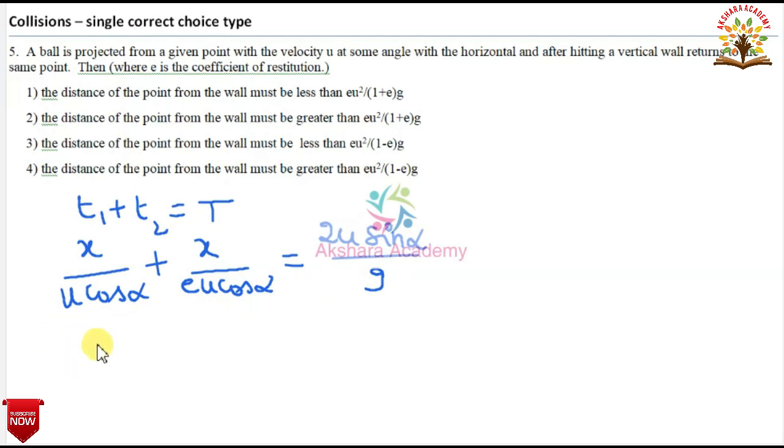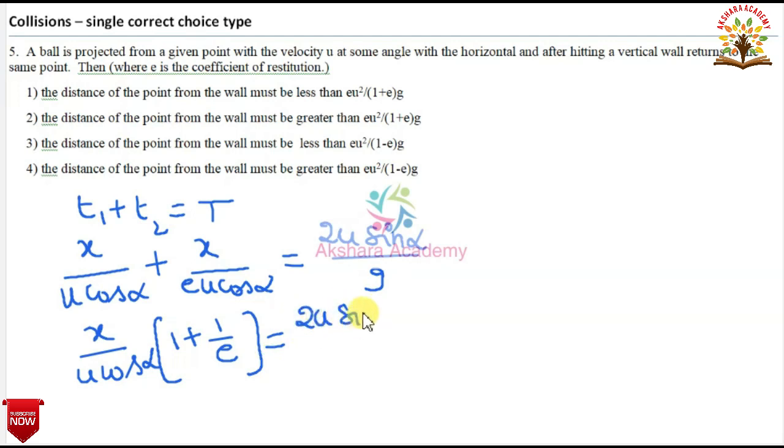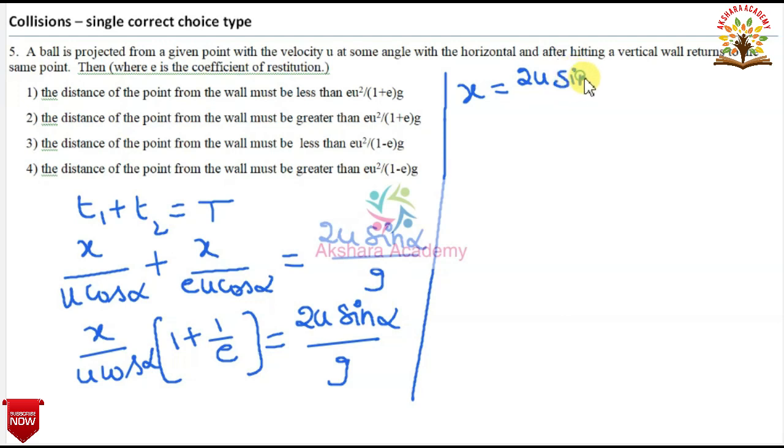Here taking x by u cos alpha common, (1 plus 1 by e) is equal to 2u sin alpha by g. x is equal to 2u sin alpha by g into, taking LCM, 1 plus 1 by e becomes (e plus 1) by e.